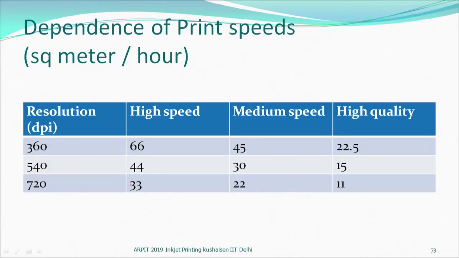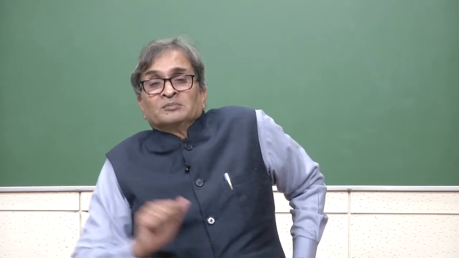So, now the print speed, obviously, other than the resolution, depends on what you want. If you want a resolution of 360 dpi and you are looking at high quality, then only, let us say, 22.5 square meter per hour can be printed. If you want high speed, quality will be reduced, then you can probably go for 66 square meter. Now, they are talking about square meter for printed area and not linear meter, right.